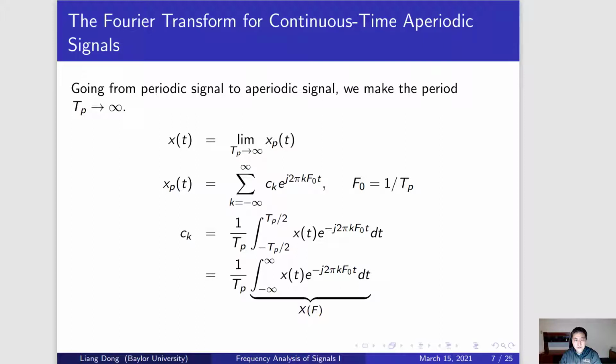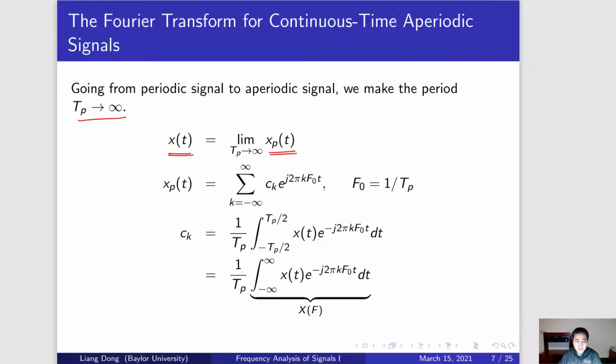Let's go from the periodic signal to an aperiodic signal. What we can do to make this change is first make the period infinitely large, so Tp approaching infinity. My aperiodic signal is a fictitious periodic signal when this period approaches infinity.